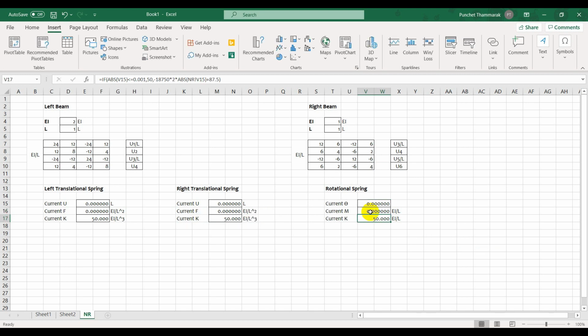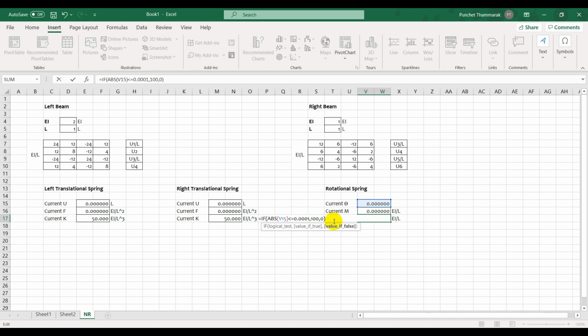Okay, 100 EI over L slope when the spring is elastic.